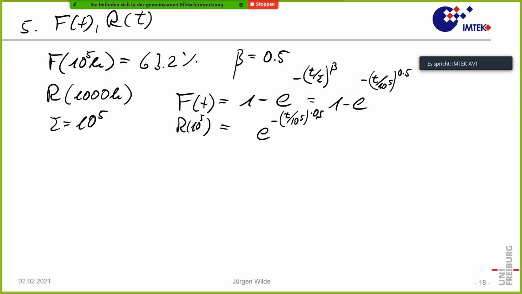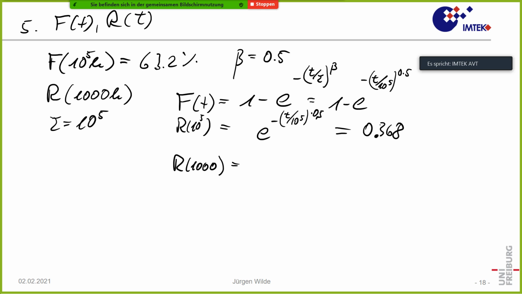And what we seek is R of 1000. Okay, here, if that is 63.2, then it's 36.8. That's R of 10 to the power of 5.